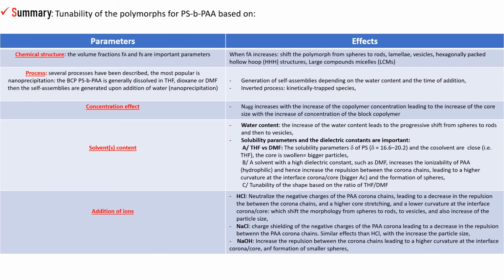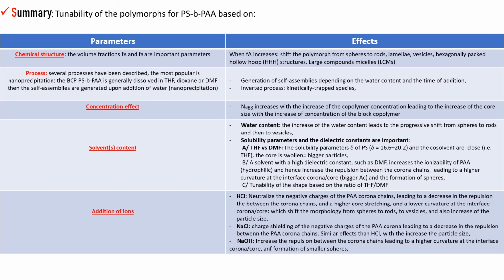Two parameters are important when using organic solvent: the solubility parameter and the dielectric constant. When comparing THF and DMF, the solubility parameters of polystyrene and the co-solvent are close, and in conclusion, the core is swollen. We get bigger particles.